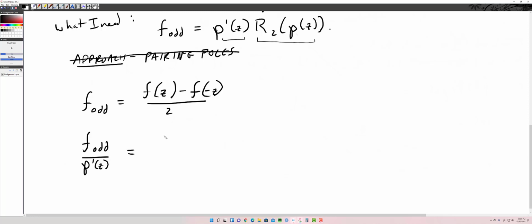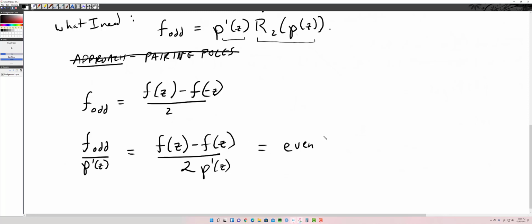Well, what I've done is I've changed f odd a little bit to what is an even function.